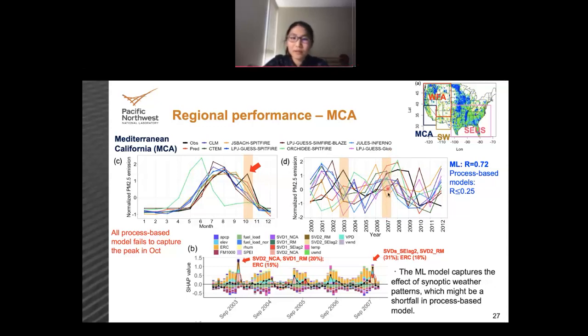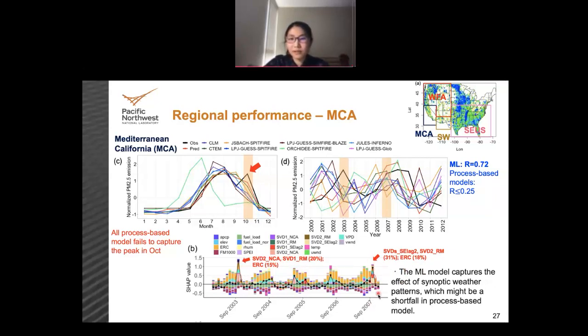While for 2007, some of the models can capture the peak, but again, most of the models failed to do that. If we look at the SHAP time series over Mediterranean California, and look at October 2003, we see that the machine learning model points out the variables that contribute a lot to this peak, including the ERC and the large-scale circulation pattern. Same thing for September 2007.